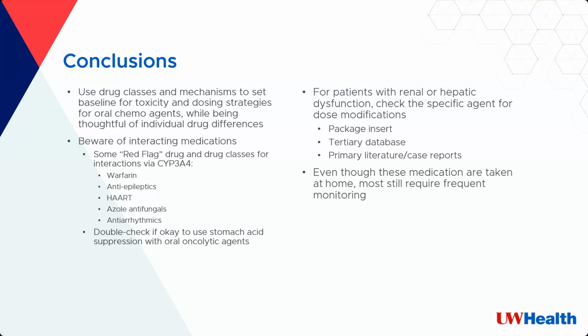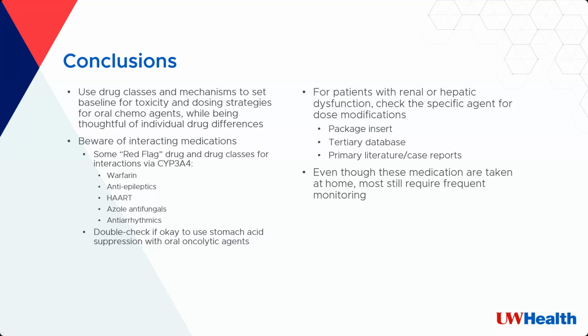And then always double check if it's okay to use stomach acid suppression with oral oncolytic agents until you're familiar with them. For patients with renal or hepatic dysfunction, check the specific agent for dose modifications that might be necessary. Things like package inserts can be helpful for this, tertiary drug databases, and of course, primary literature and case reports if you need to.